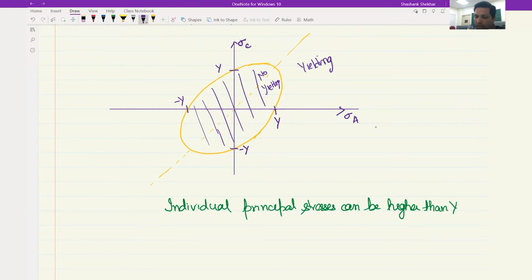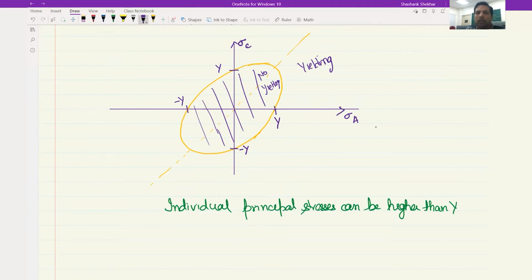So as long as you are inside this ellipse, you are not yielding, and beyond this you are causing yielding. And what we see is that principal stresses even higher than the yield strength may not lead to yielding up to a certain value. So there is a possibility that the principal stresses may be higher than the yield strength of the material, but you are still not yielding given the stress state.